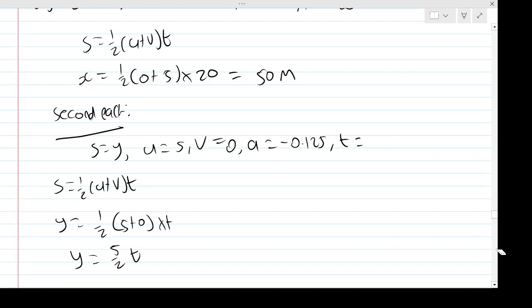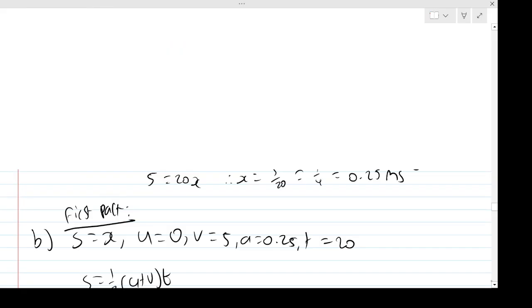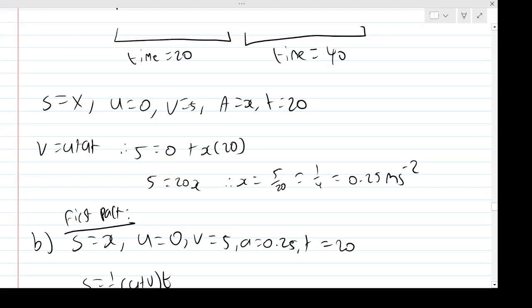So I know that V is 0, U is 5, and A is minus 0.125 lots of T. If I move 5 to the other side, it's minus 5 equals minus 0.125 T. Therefore T is minus 5 divided by minus 0.125, which is 40. So time is 40 seconds in the second part here.